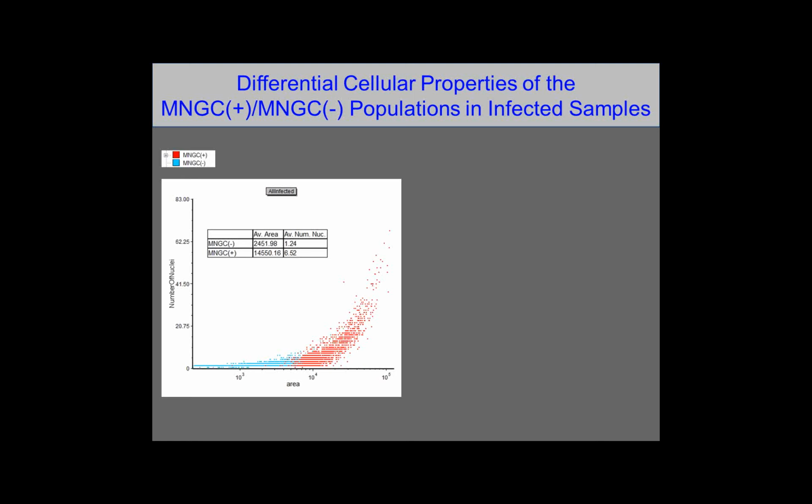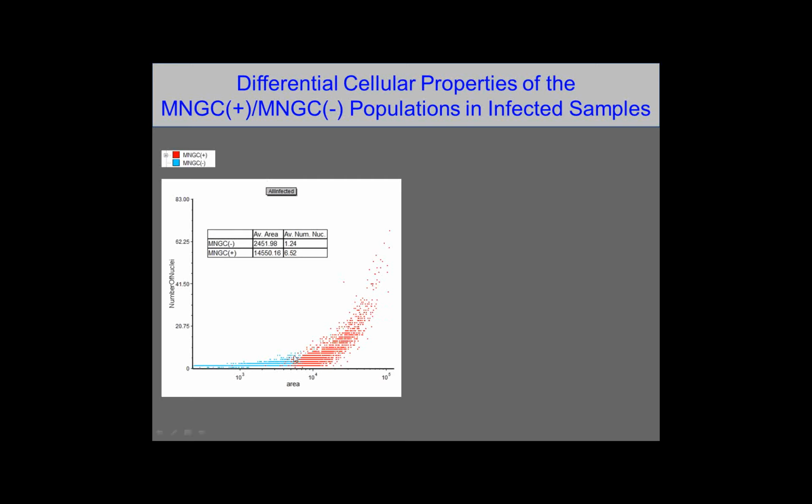But what we can also do with FCS Express, now that we have two independent populations, is to actually look at other properties that we haven't looked at yet, and see if there are differences between the cells as we gated them. So as you can see here, this dot plot is gated on all infected cells.